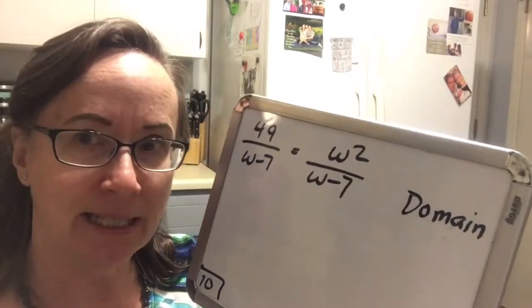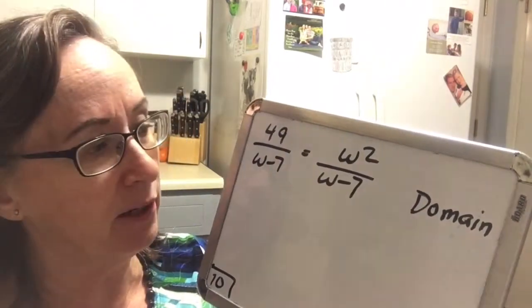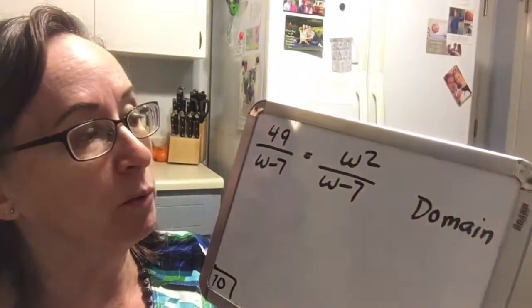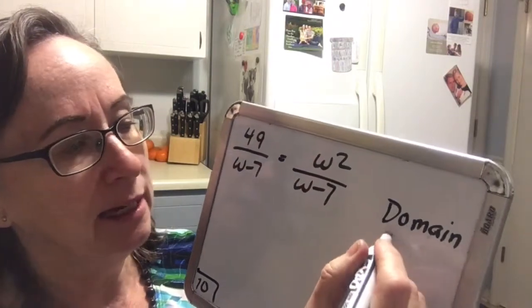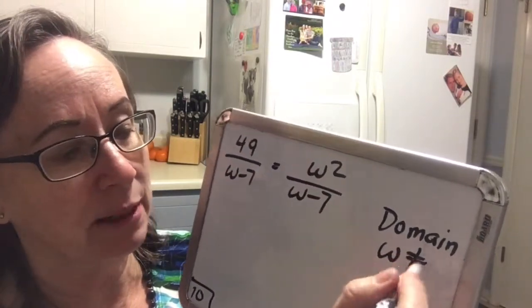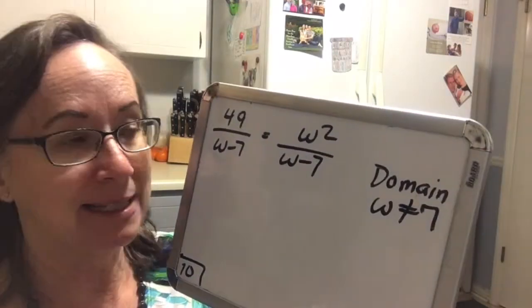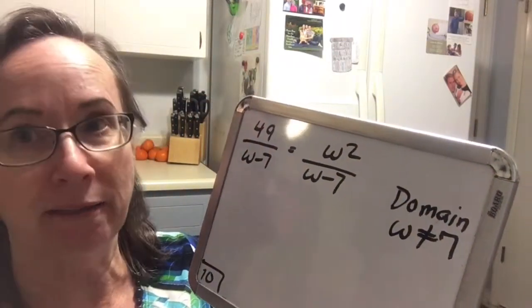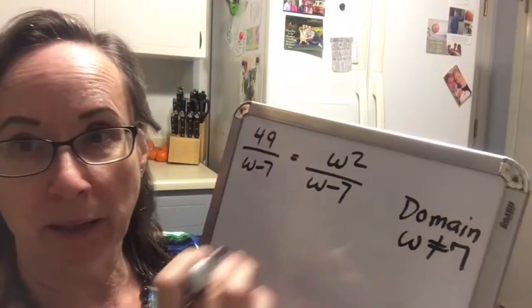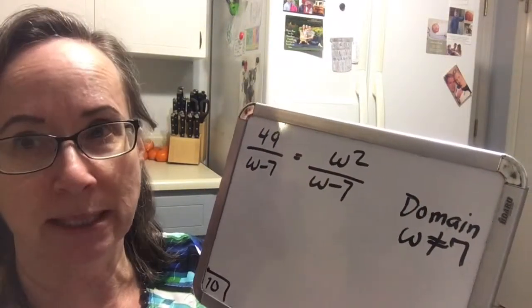So if that went to 0, we'd have a 0 in the denominator, and that would be bad. So we're going to take a note and say w cannot be equal to 7 because then the denominator would go to 0. Okay, so once we make that note, we can multiply both sides by w minus 7.